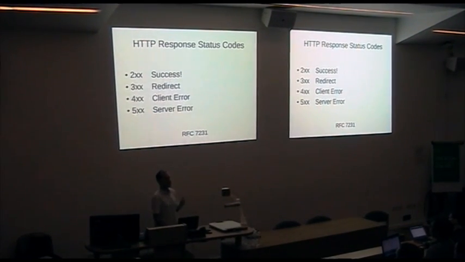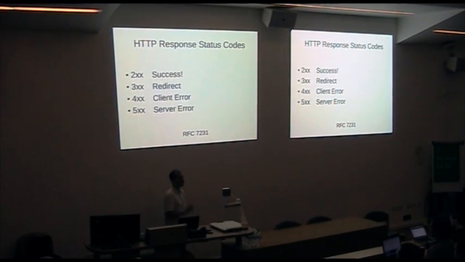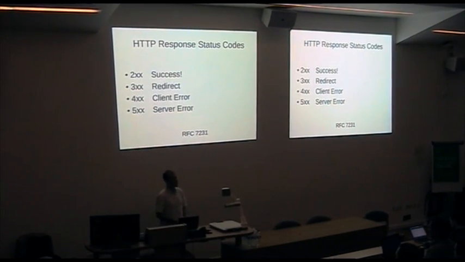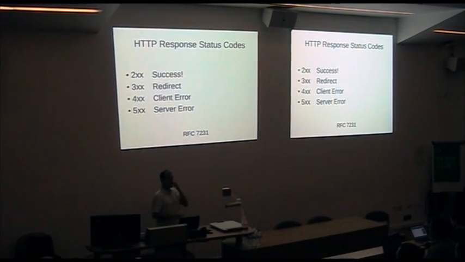Now, I mentioned a bit ago about status codes and people checking HTTP status code 200. One thing you should be careful of when you check status codes is not to check the exact code you get, but to check the type of code. For example, if you want to say, did my request succeed, don't say, is the status code 200. Instead, say, does it start with a 2? Because you can get various things back from servers.